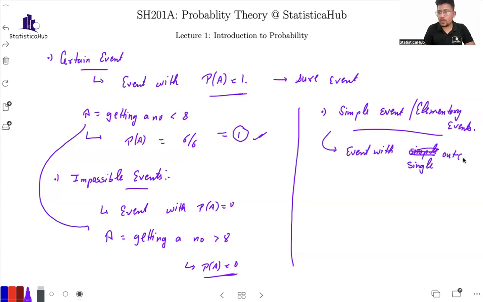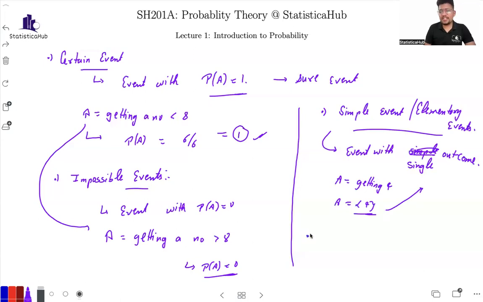Like if I say in the same experiment, what is the probability of getting 4, getting a number 4, that is only one outcome. So the event says getting 4. We know in A you can find only 4. That is one element, a single outcome. So this is a simple event or the elementary event.